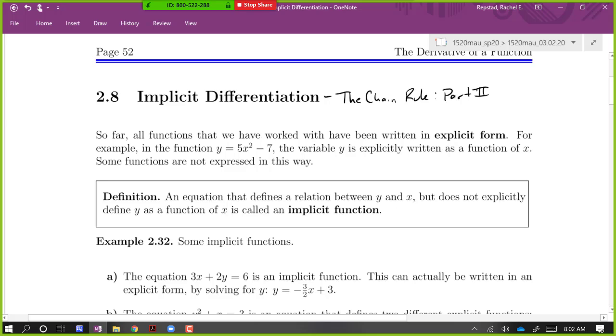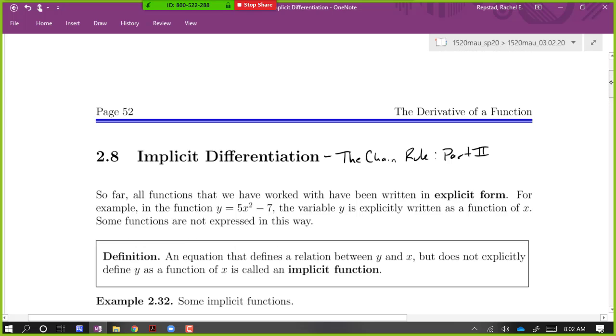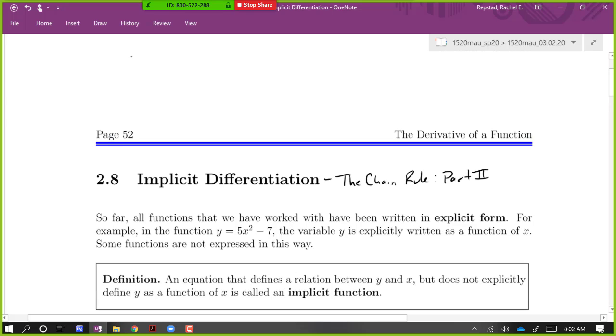You'll recall that when we learned the chain rule, the general chain rule was dy/dx is equal to dy/du times du/dx. And this is basically how we're going to see the chain rule play out in this implicit differentiation. So first we'll talk about the word implicit, how we mean it here.